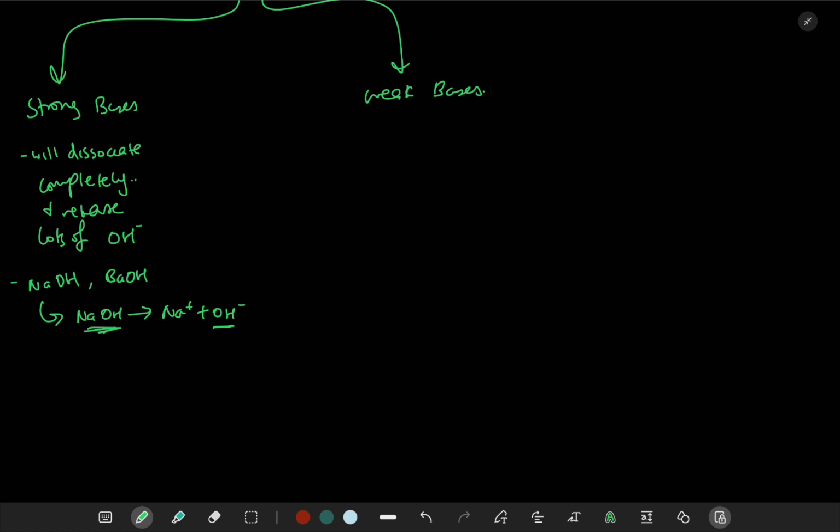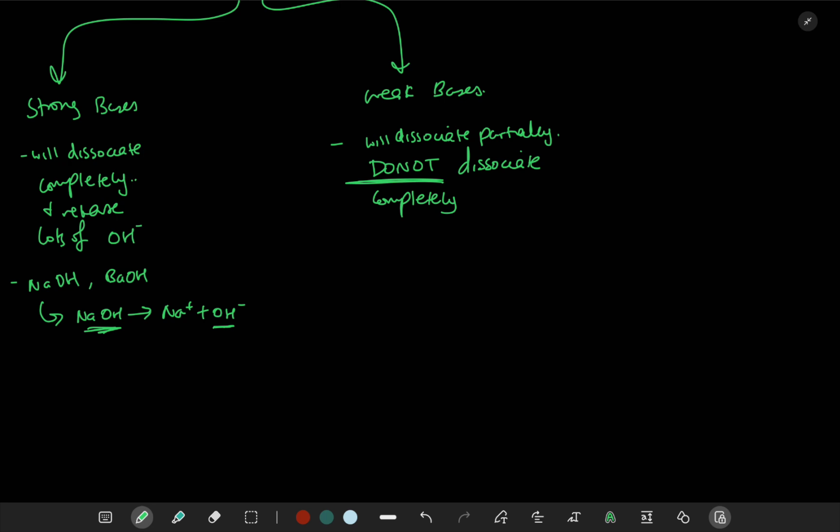Now weak bases, on the other hand, just like weak acids, will only dissociate partially. In other words, they do not dissociate completely, which means that they can only release some hydroxide ions into solution, which means they can only accept some hydrogen ions.